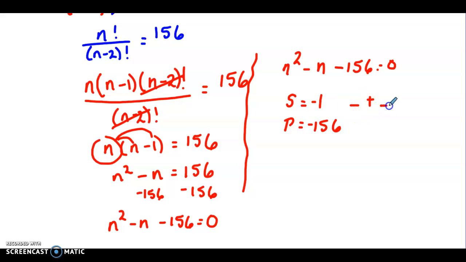What plus what will give me negative 1, and the same two numbers multiplied together will give me negative 156. 12 times 13 will give us 156. We did a negative, so one of those numbers needs to be negative. Adding those two numbers together, we can see we need a negative 13 to get a sum of negative 1. So 12 and a negative 13 works.